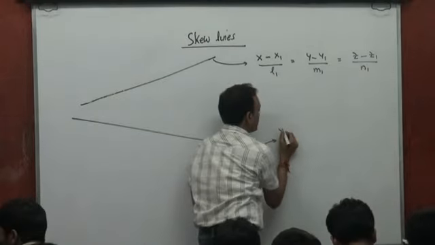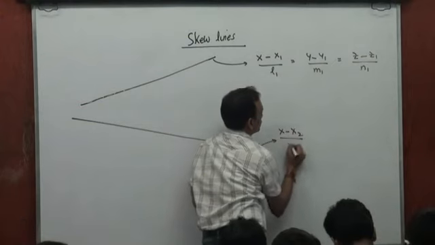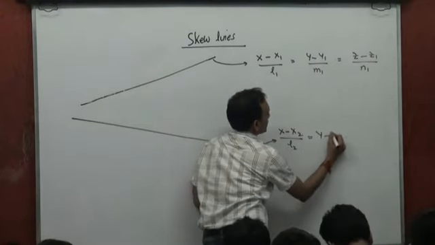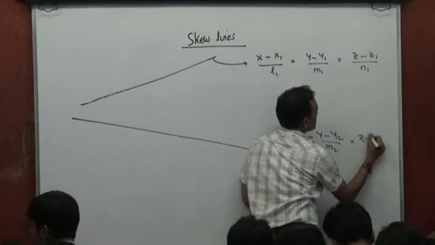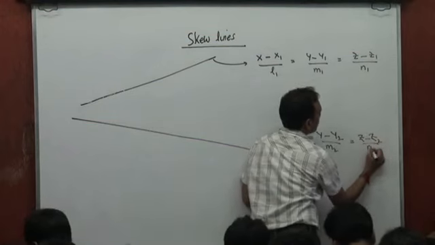Let's say there is another line which is (x minus x2) by L2 equals (y minus y2) by M2 equals (z minus z2) by N2.